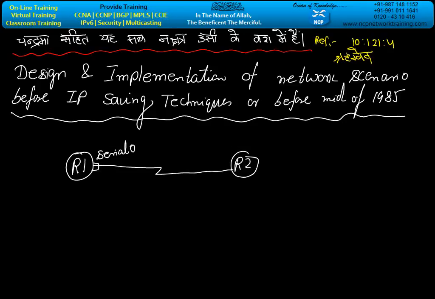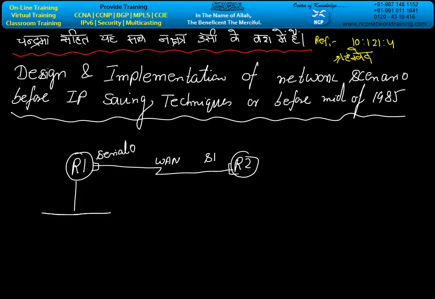Port number can be anything, 0, 1 or 2, no problem. Serial 1 or S1. Two routers are connected via serial port, and this symbol represents the WAN connectivity, wide area network. If we are connecting two devices inside the house or directly connected, we are forming the LAN. The power symbol is showing the WAN connection.